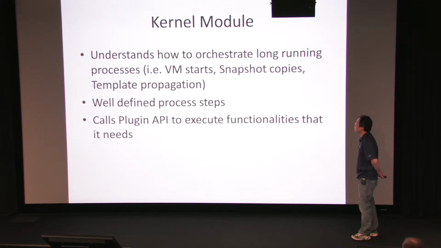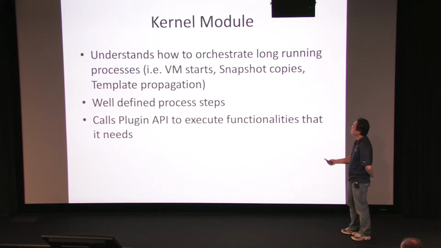So basically, this is our definition of the kernel module. It knows how to orchestrate long-running processes, because when you talk to a resource, it may take up to minutes. It may never return. I mean, that's happened to us quite often. And you have to be able to time out, and you have to be able to orchestrate those types of operations, and that's what the kernel module does. There are people who like to work in that area, and there are people who wouldn't.